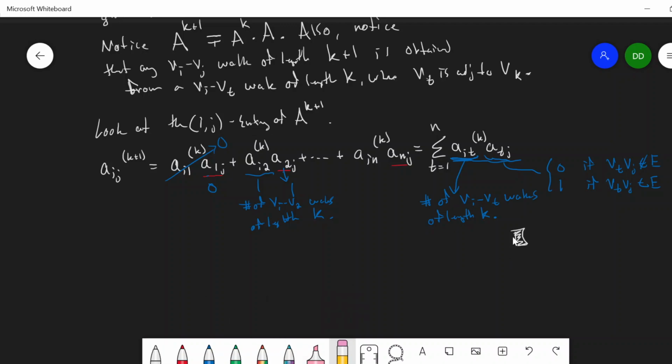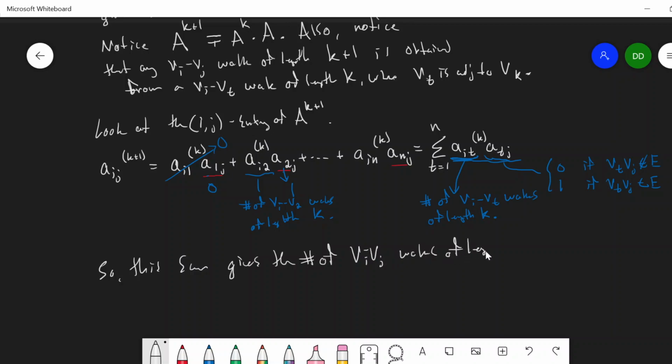Maybe I'll write a little bit more to try and make this clear. So this sum gives the number of vi, vj walks of length k is the idea.